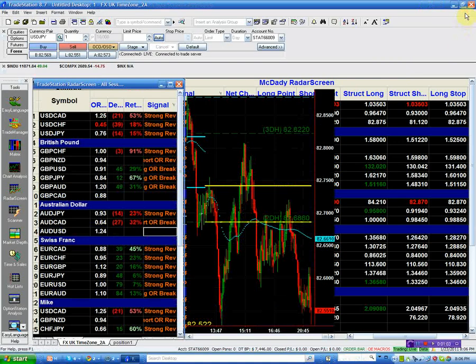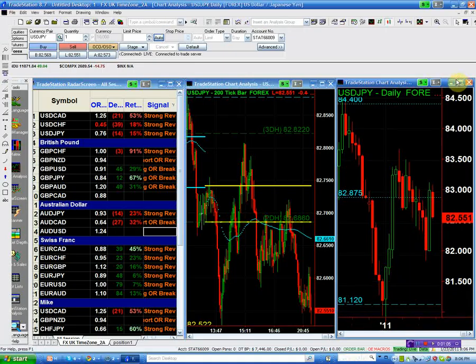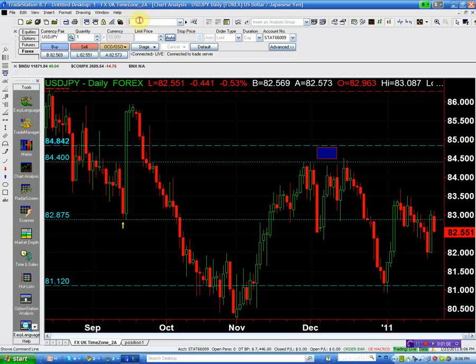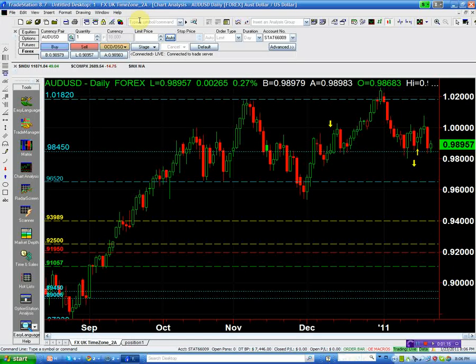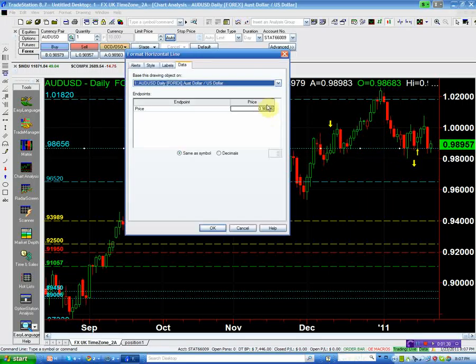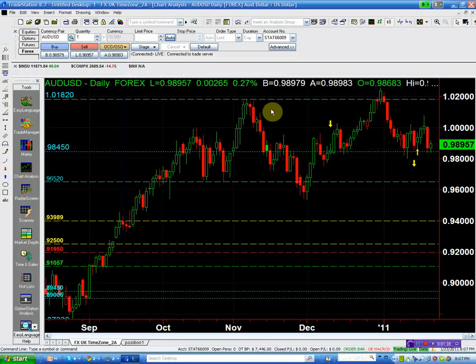Now, based on the Aussie, we know that we have a structural point of 98.45, and this, as you all know, is a very powerful, very strong point, and we closed the week at 98.95. So basically we're just about 40 pips above the structural point.